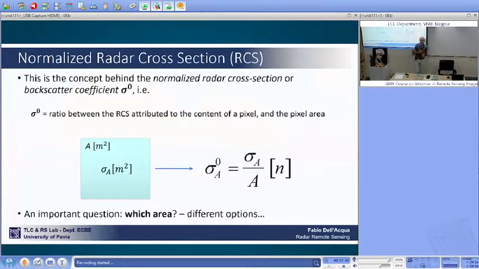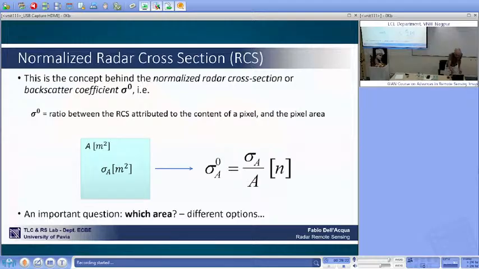This is a standard denomination. So what is the content of the pixel? It's this sigma naught. What does it mean? Well, we should go into the details of the physics. So I would limit myself to saying, this is a numerical way of measuring how much backscatter you get from the observed area, per unit surface.